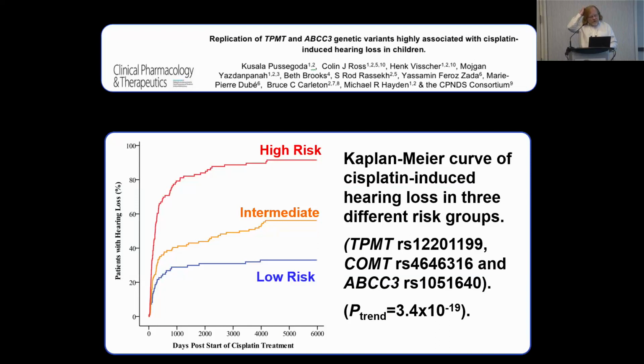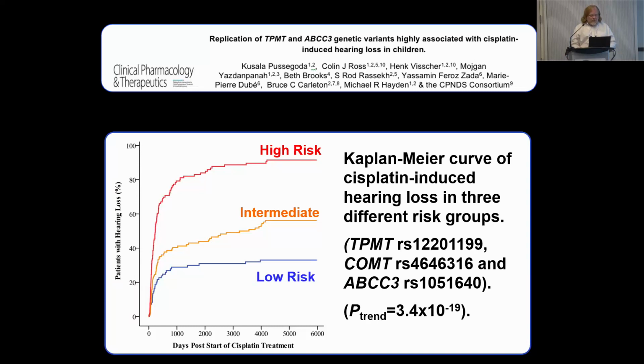And we published this in CPT, this Kaplan-Meier curve showing that you could differentiate patients into high, intermediate, low risk of hearing loss, depending upon the 3 groups. I'm sorry that the COMT was still included in this variant, but it was less significant.